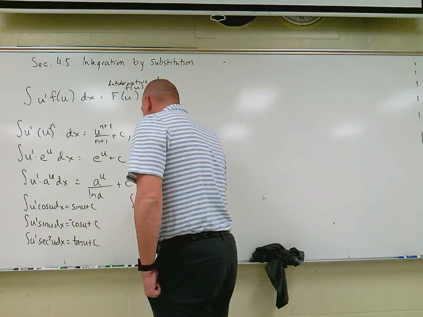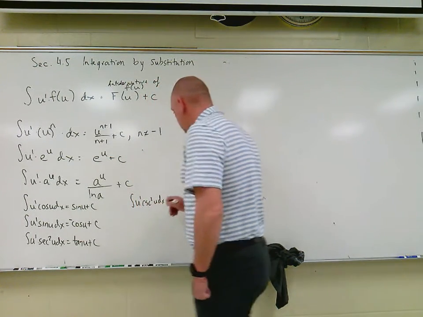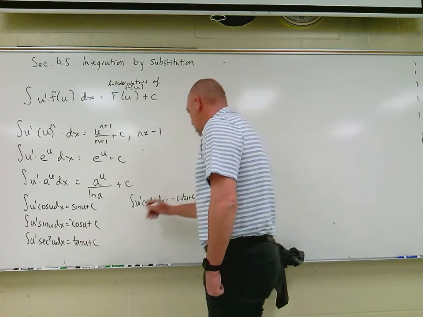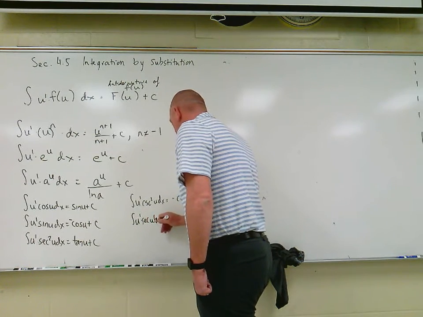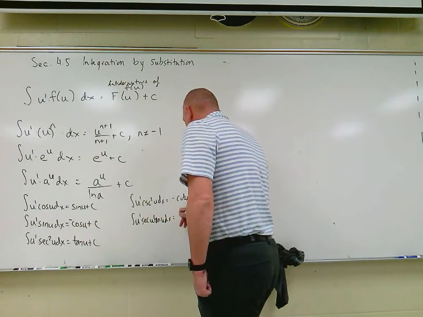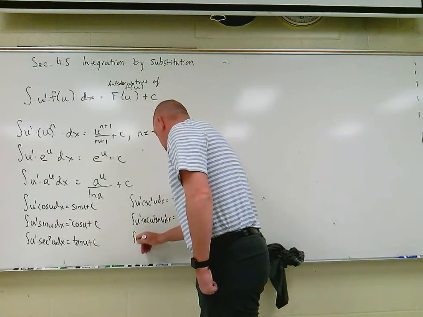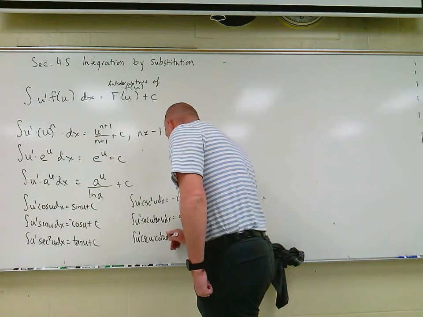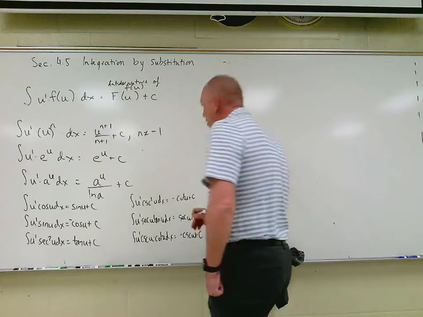U prime cosecant squared u is negative cotangent u plus c. U prime secant u tangent u is secant u plus c. And then u prime cosecant u cotangent u is negative cosecant u plus c.